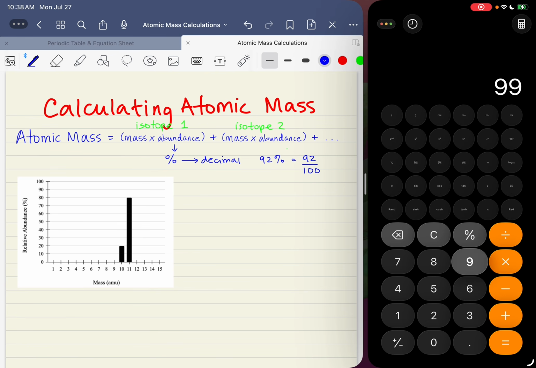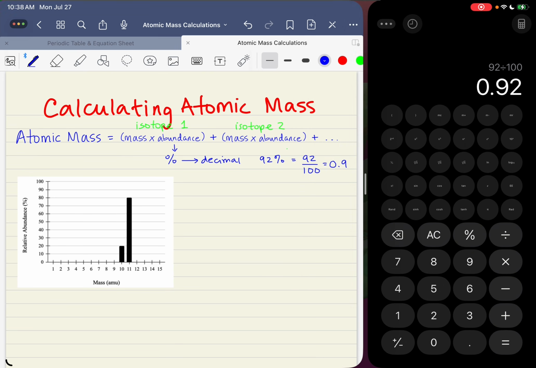I have 92 divided by 100, and that would equal 0.92. You can also think about it that the decimal place moves over by 2. That's the effect of dividing by 100. It is important that each time you do this, you divide that percentage by 100 to turn it into a decimal. Otherwise, your atomic mass won't work.